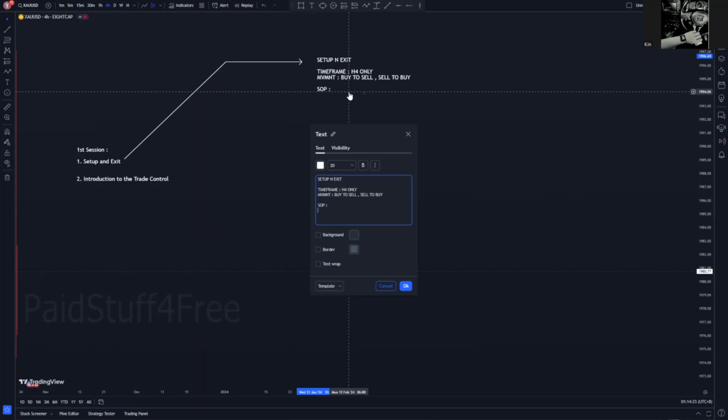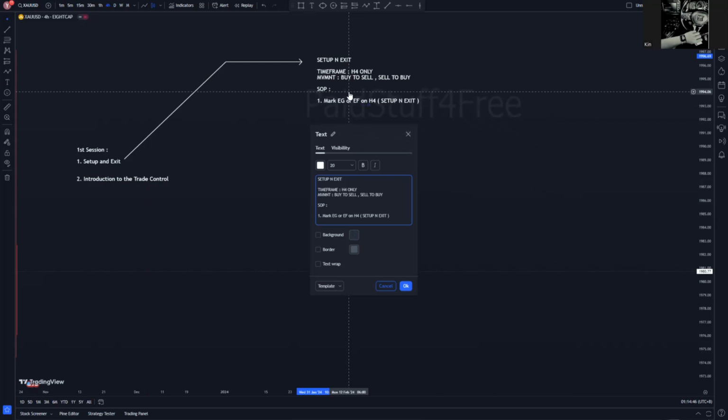So the first SOP, number one, we need to mark any EG or EF on H4, as our setup and exit, whether it's for buy or for sell.